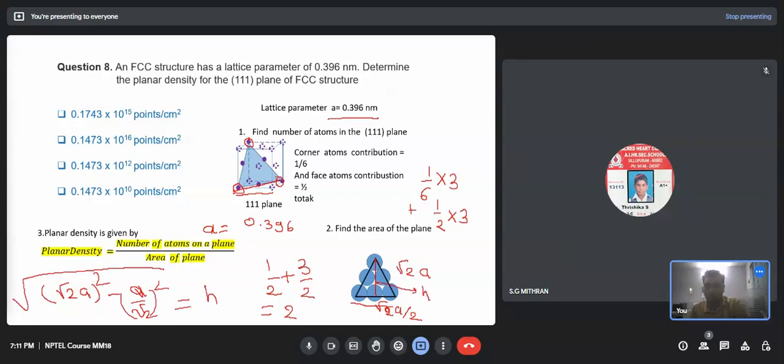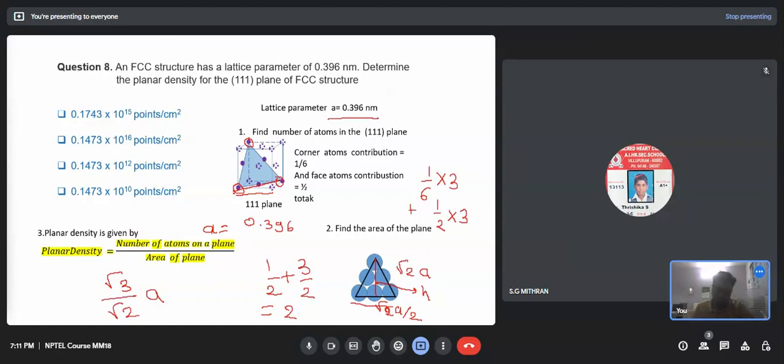Okay, so now it is coming around root 3 by root 2 a. Now this is the h value.